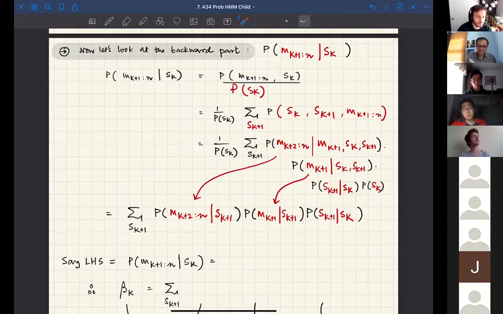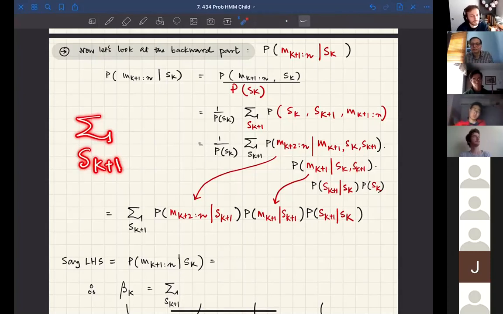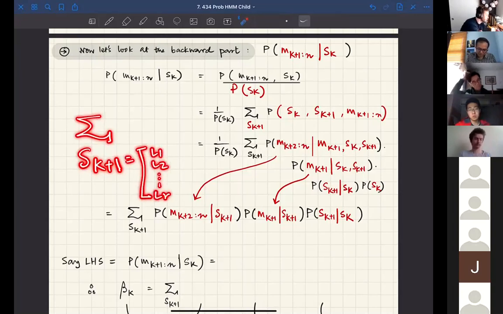Guys, again, I keep wanting to connect to everything that we've been seeing. When we say sum over sk plus 1, papers will write this all the time. How do you think of this addition? Remember, sk plus 1 is nothing but L1, L2 all the way till LR.